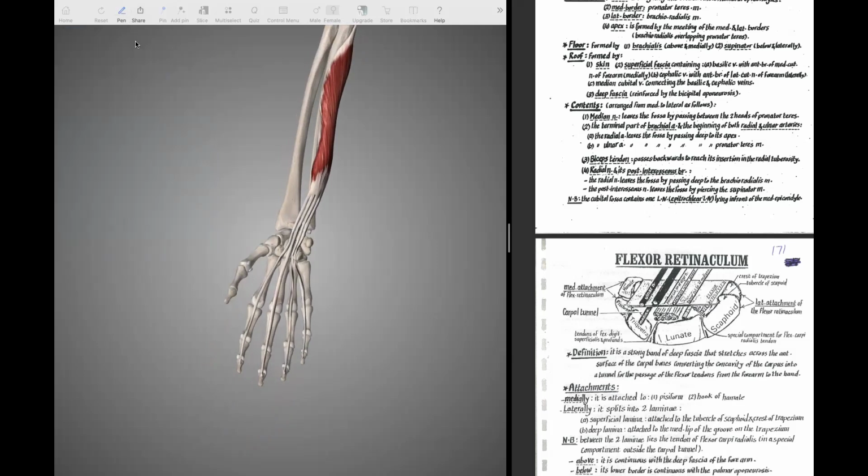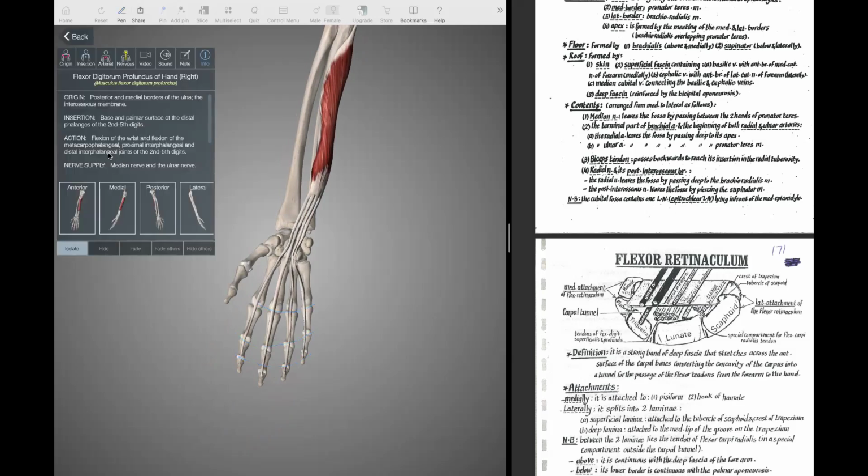And the action, it also flexes this joint, but it's also responsible for flexion of this and this. So it flexes everything. But the most important thing is that it's attached here. It also helps the action, flexes wrist mainly and the fingers, okay?